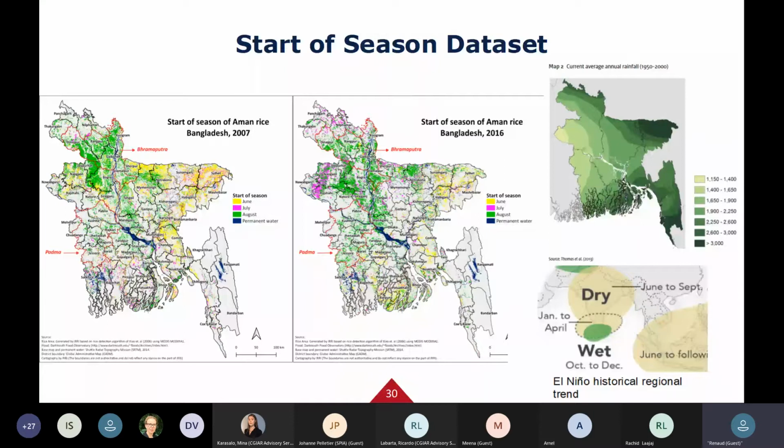And that could correspond to higher rainfall in the east and lower rainfall in the west. So accumulation of water would go quicker on the eastern side. In 2016, which is an El Nino year, we can see that there is more difficulty for the algorithm to detect the start of season, and it seems to be probably a bit later.